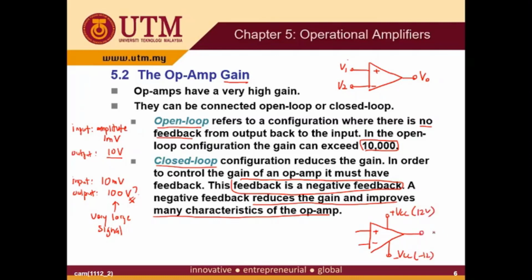So the output of this op-amp will range from a minimum of minus 12 to a maximum of 12. So if you have a gain of 10,000, this type of operation is not suitable. You cannot get the proper output waveform, and there will be a clipping effect.